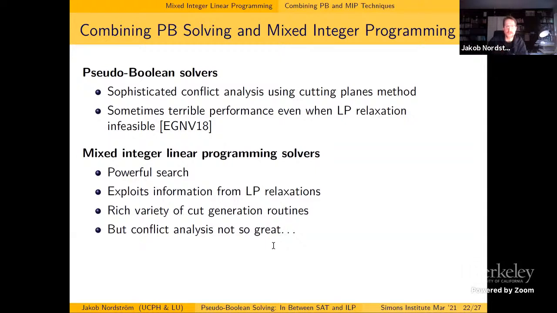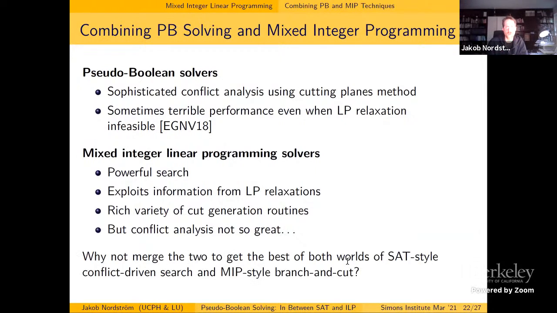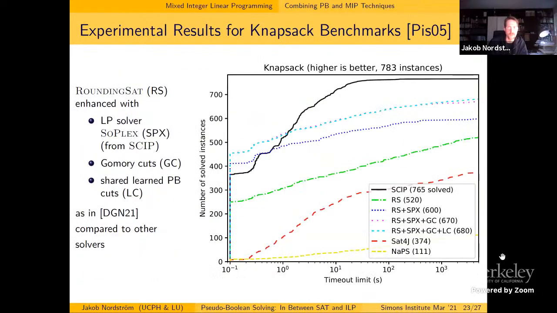So this suggests: why don't we try to get the best of both worlds? We use the powerful search of MIP and then the sophisticated conflict analysis of pseudo-Boolean solvers. Okay, this sounds great. It's easier said than done, but we have done this. So we took our solver RoundingSAT and integrated it with the LP solver SoPlex from the MIP solver SCIP.